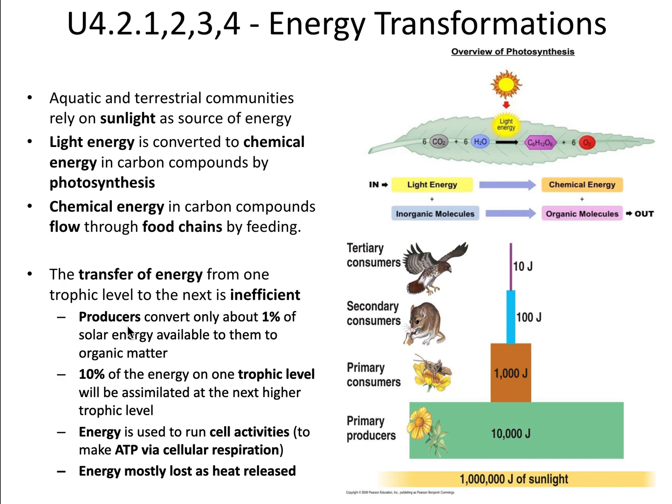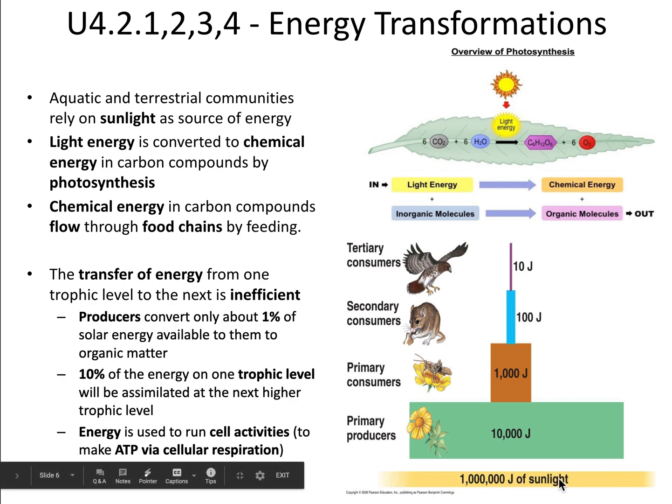Well, they produce 100% for themselves, technically, but of the amount of sunlight they're actually given, they only are converting about 1% of that solar energy to organic matter. So it's actually pretty inefficient as a process in a way. But since they make their own energy, they start off with 100% technically. Just remember that they only are converting about 1% of the sunlight given to them.